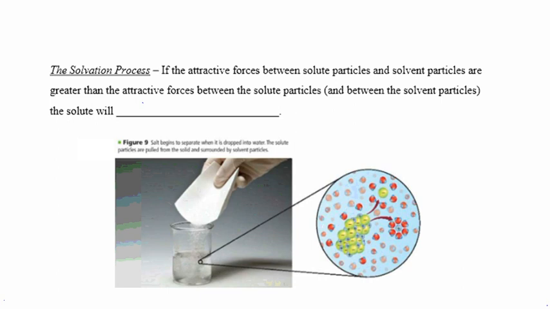The first thing we want to look at is that here we have a solute. The solute is an ionic crystal, so it has negative and positive charged ions. If the negative and positive charged ions have a very strong force of attraction, the solute will not dissolve in the solvent, in this case water molecules or water.